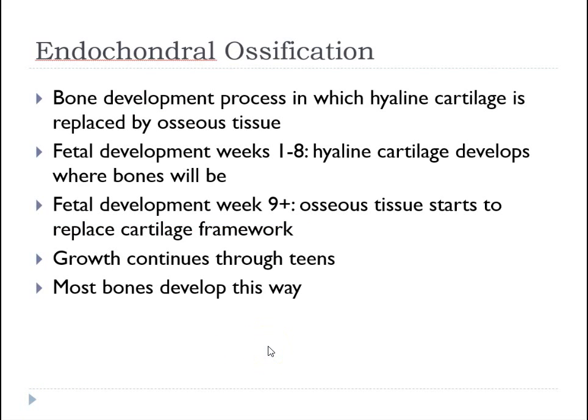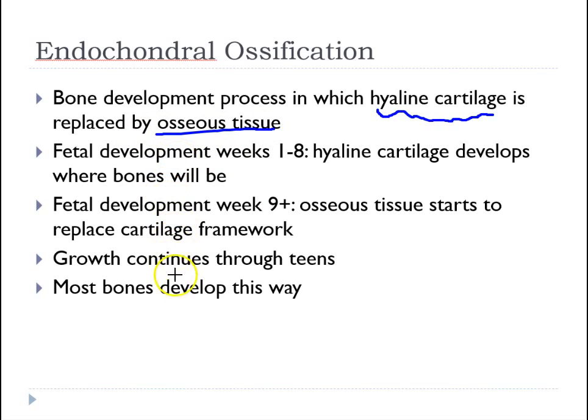So the next one is the type that's for long bones, the endochondral ossification. So bone development starts out with, the main difference is that we're going to use hyaline cartilage. Remember, in the past we used just fibrous connective tissue, so now we're going to use hyaline cartilage, and that's going to be the network for our bone formation.